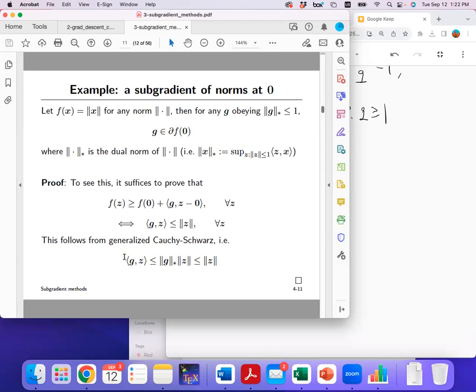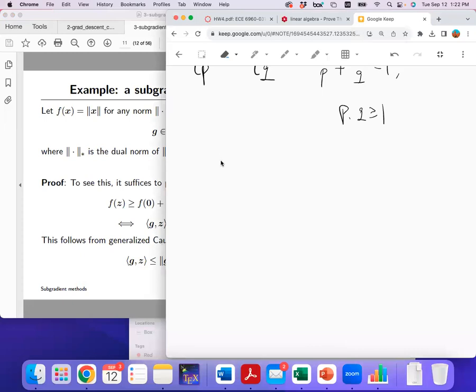The reason the dual norm is involved is due to Cauchy-Schwarz. The left-hand side is bounded by the dual norm of G times the norm of Z. For example, if you put the L1 norm here, then this is going to be the infinity norm.